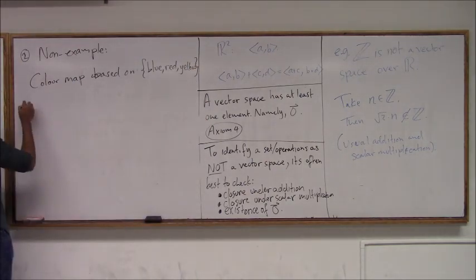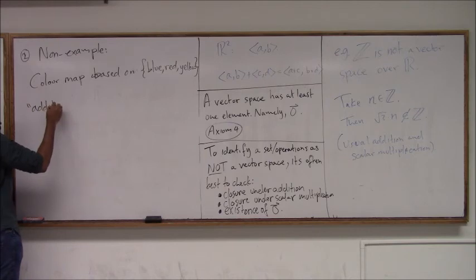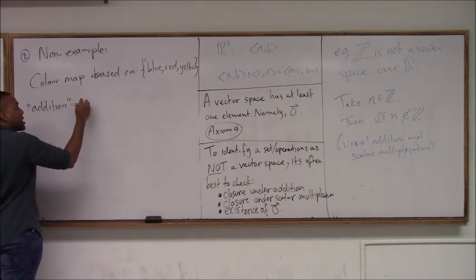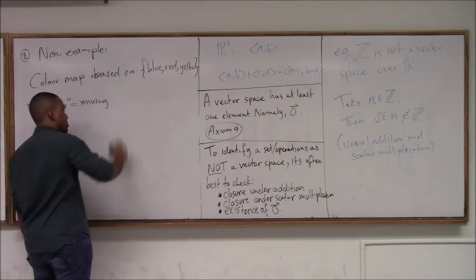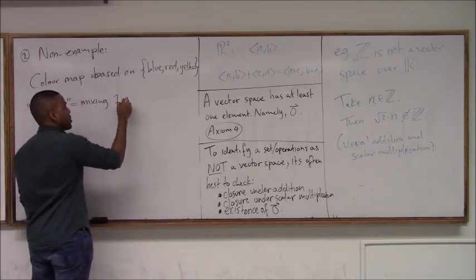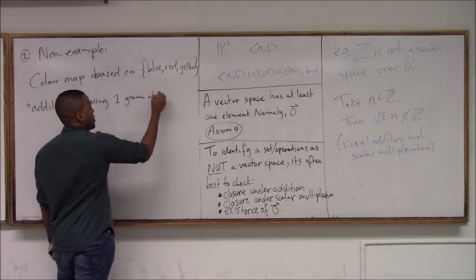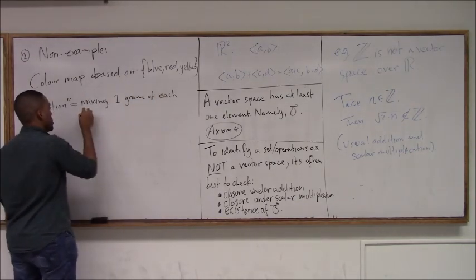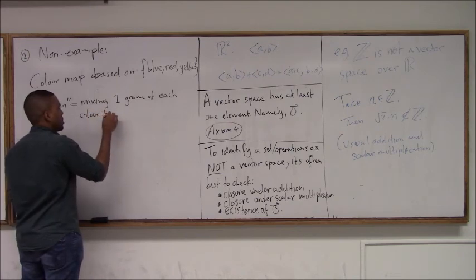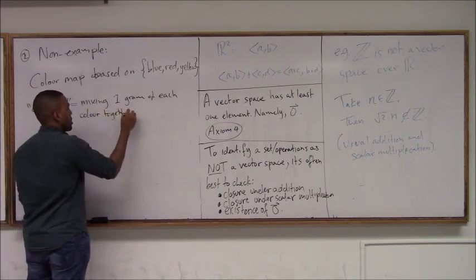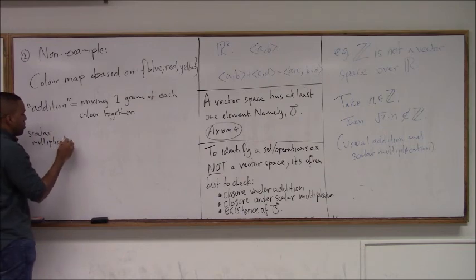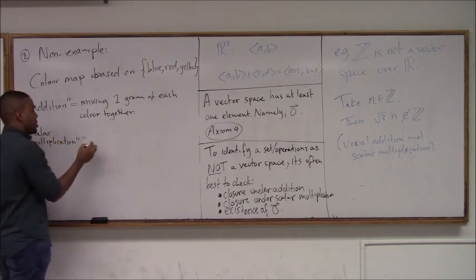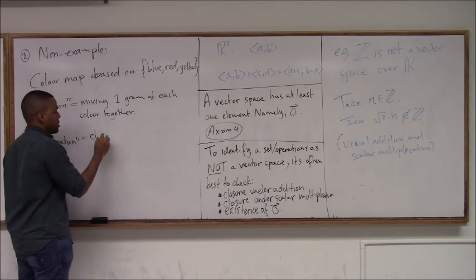Where addition equals mixing, let's say 1 gram of each color together. Scalar multiplication equals changing the quantity, scaling the quantity.